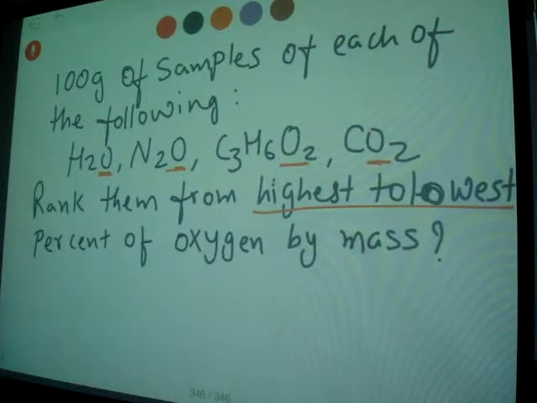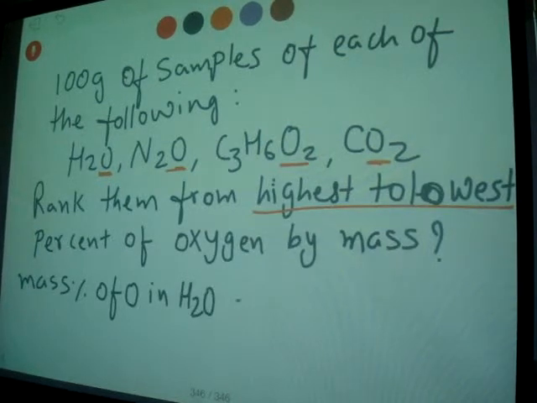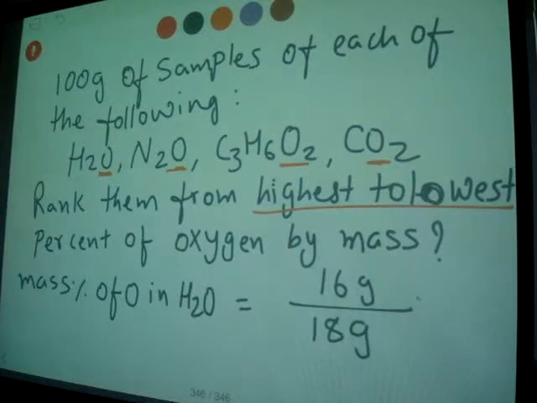So let's say for H2O, mass percent of oxygen in H2O. We know that 16 grams of oxygen, and for H2O 18 grams, times 100, and that way you can calculate. You can calculate the other compounds following the same formula and rank them from highest to lowest.